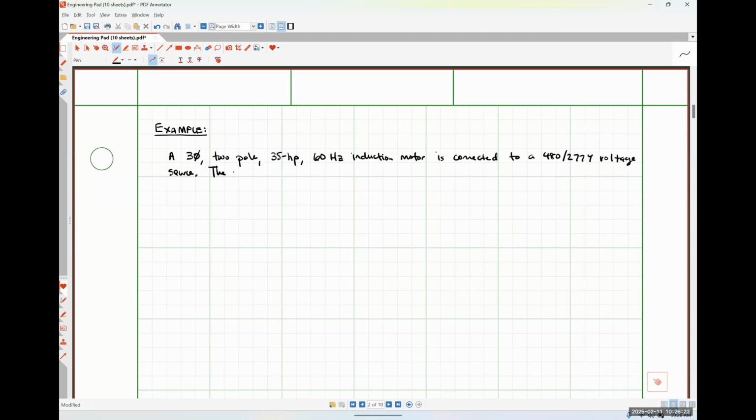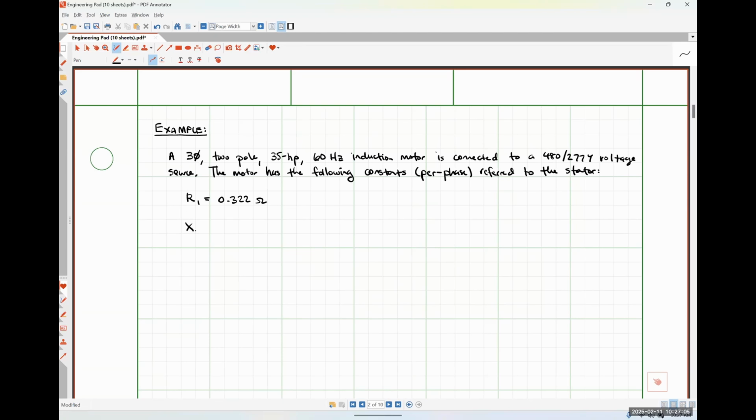So the motor has the following constants per phase, referred to the stator. So we're going to have a resistance of R1, our stator winding resistance, of 0.322 ohms.